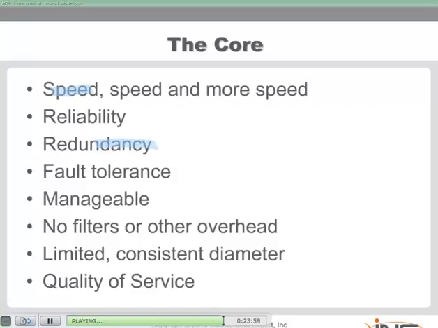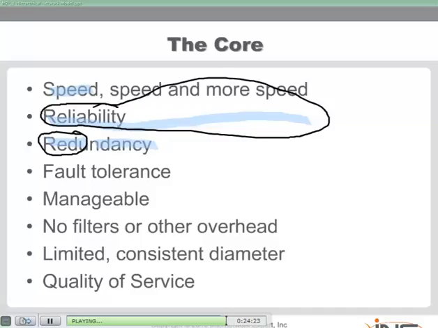Sure, we're going to have quality of service here like we did in the core. Sure, we're going to potentially have redundancy and load balancing here like we did in the core. But notice, of the things we discussed in the core, the only ones that are common to the core and the distribution would be these three: redundancy, load balancing, and quality of service.